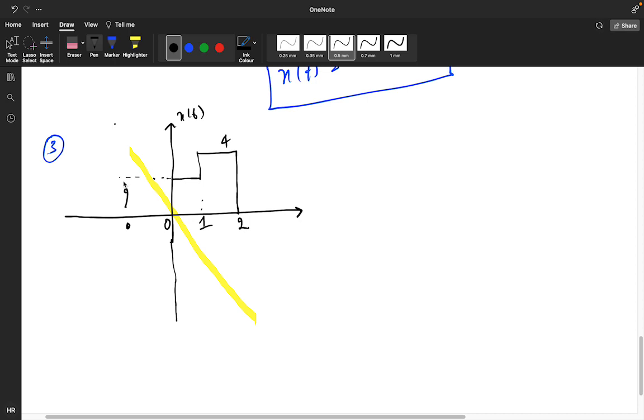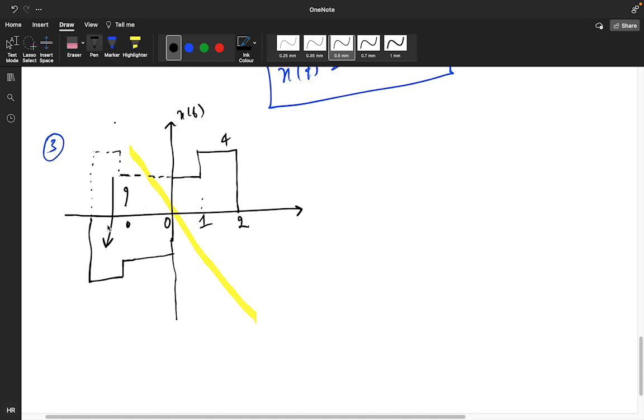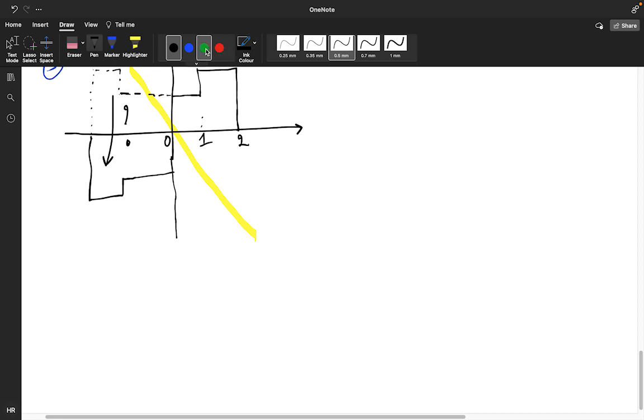So what you will get, if you draw the dotted line here, you will get this. Then bring it down, so it will become like this. So what is the method? Write it down.